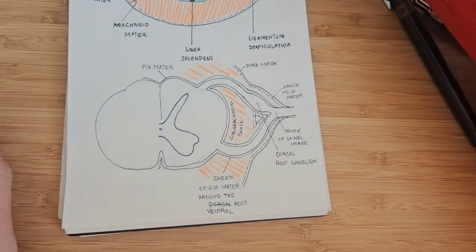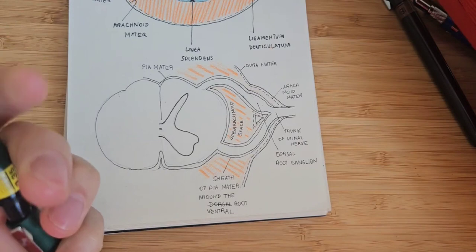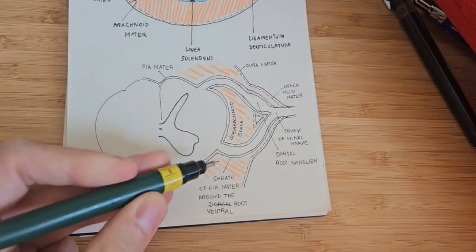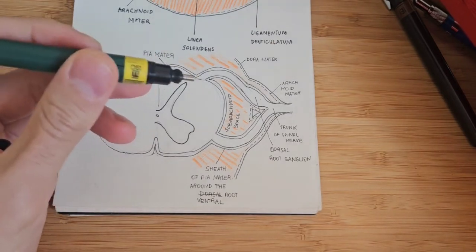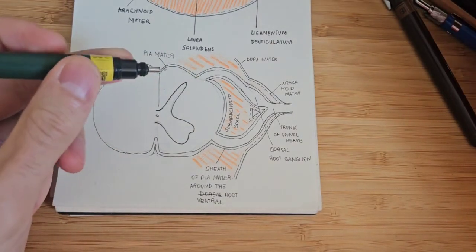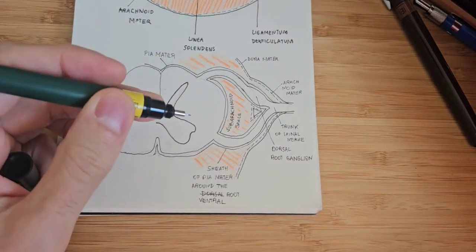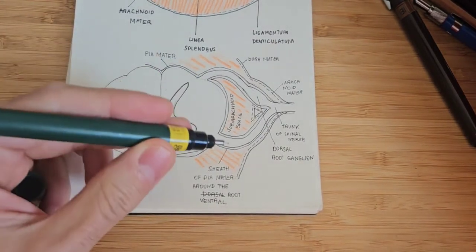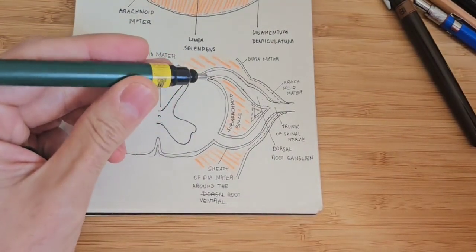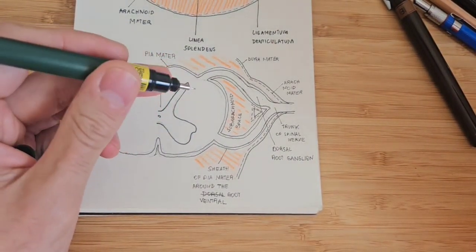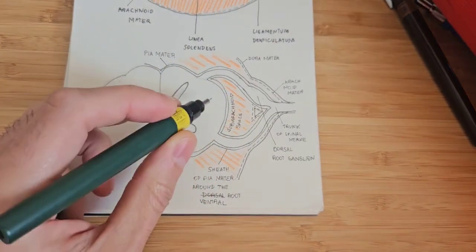Now, the sheath of pia mater, let me show you. This one here, we have the ventral and we have the dorsal. This sheath provides additional protection to both dorsal and ventral roots. Of course, on the dorsal root we have the ganglion, so the ganglion will also be protected, and sensory fibers as they exit the spinal cord.